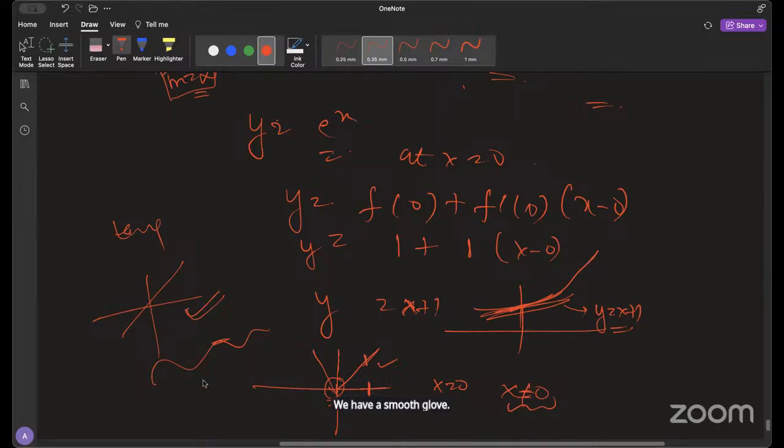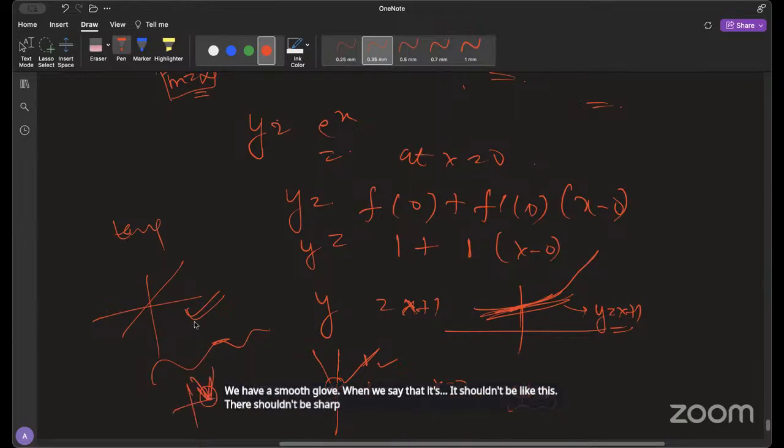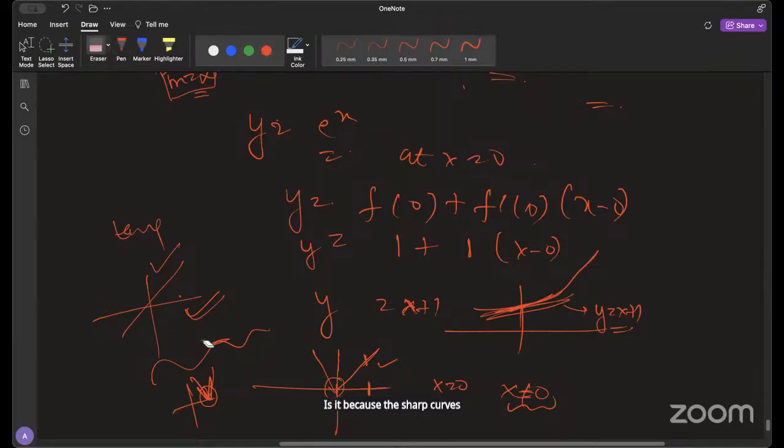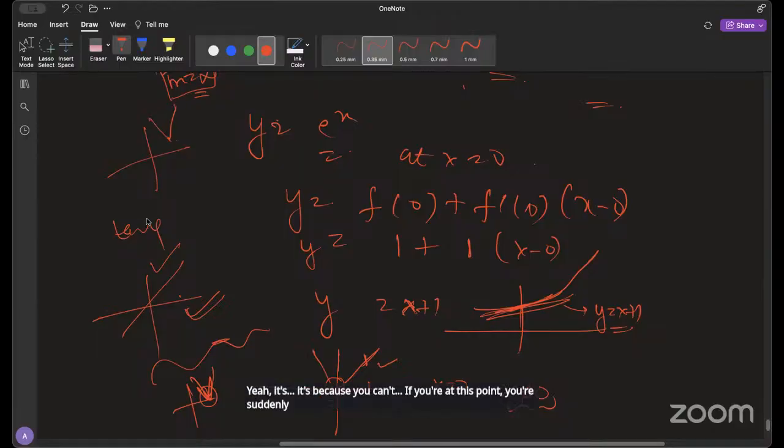When we say that it shouldn't be like this, there shouldn't be sharp corners, that's all. Is it because at sharp corners there's no defined tangent? Yeah, because at this point you're suddenly changing the direction. You're going in one direction, so you know where your graph is going.